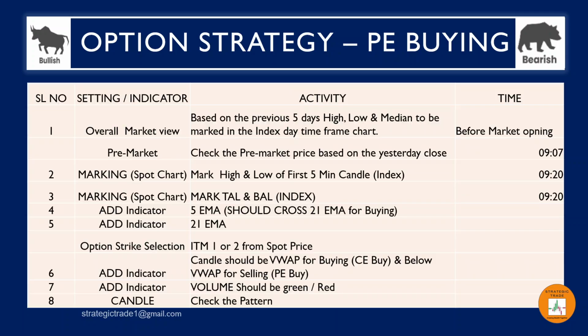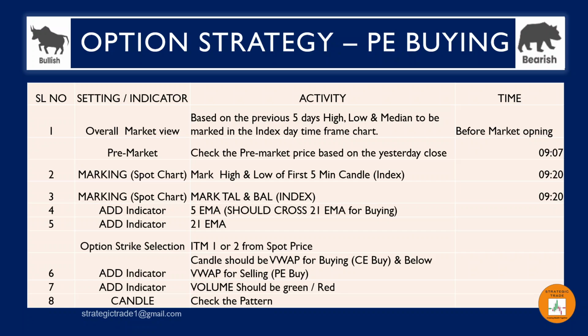Next is the checklist, the same thing I have checked. Pre-market, we have to see the 9.07 and the spot chart marking, and all of that we have to do at 9.20. The TL and BL on the spot chart we have to mark at 9.20 itself. For the option chart, once the strike is selected, there is no need to mark anything.